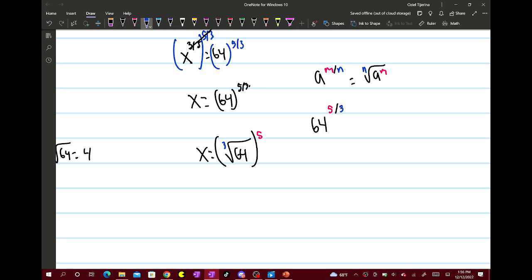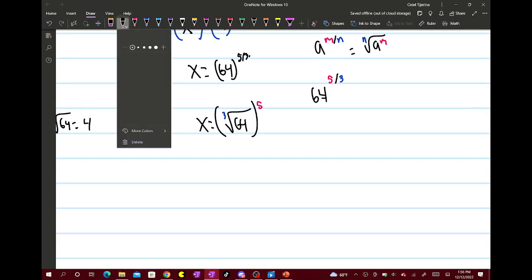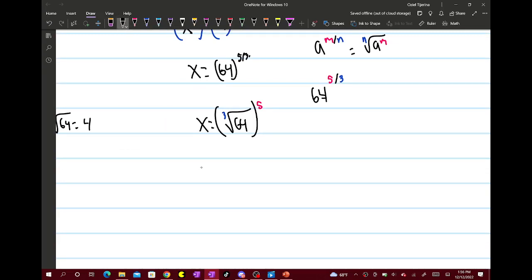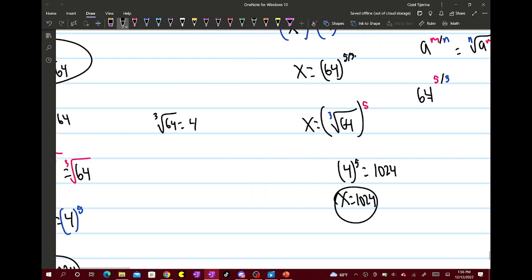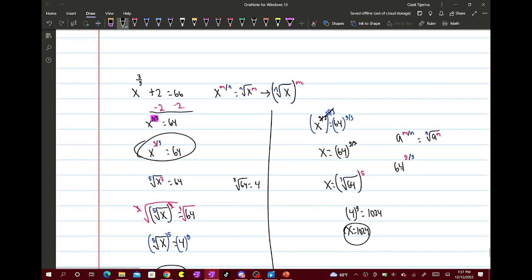I'm trying to make it very clear, you guys, because I'm trying to make it very color-coded. So if I'm taking a little long, I really want to explain all the ways in which you can do these. The cube root of 64 is 4, and 4 to the 5th power is just 1024. So it's the exact same thing. These are the 2 ways in which you can solve that.